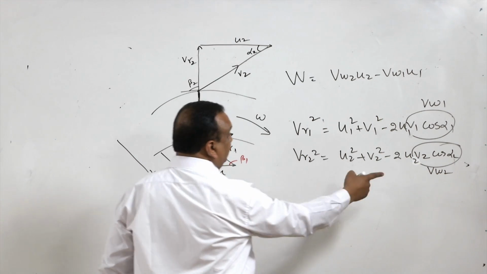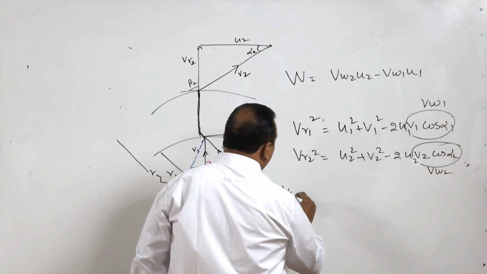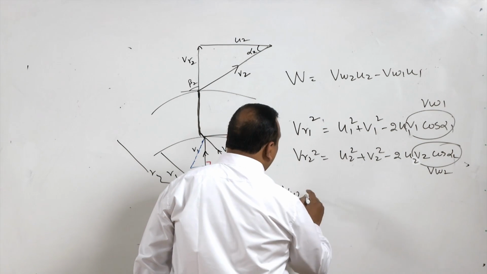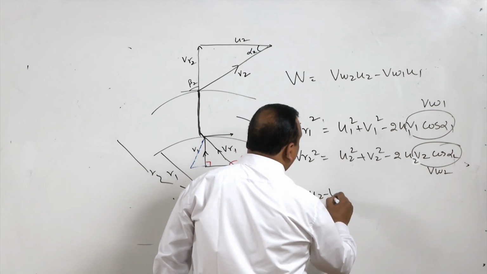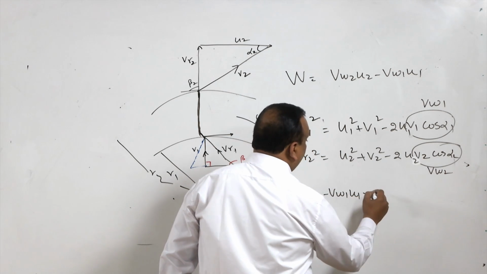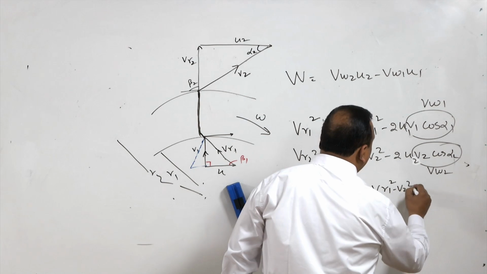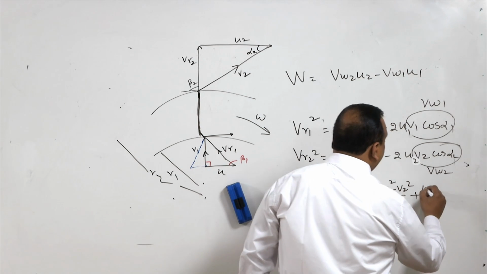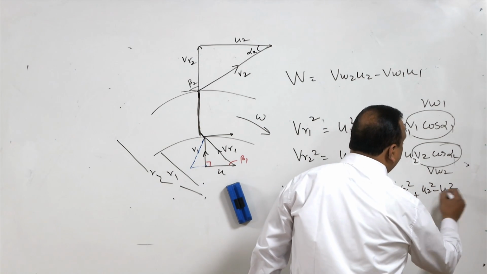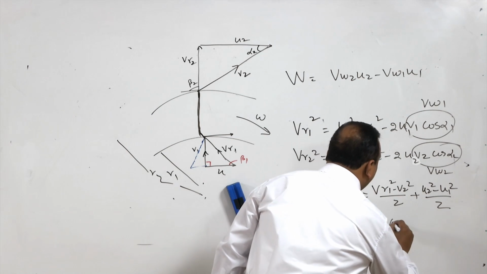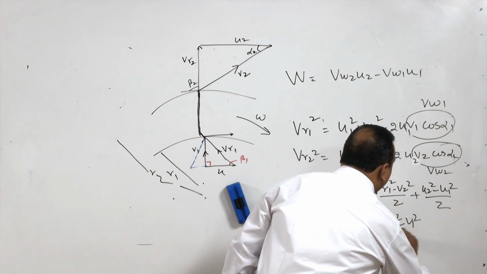Now if we rearrange these, then we will get VW2 U2 minus VW1 U1 is equal to (VR1 square minus VR2 square) by 2 plus (U2 square minus U1 square) by 2 plus (V2 square minus V1 square) by 2, right.